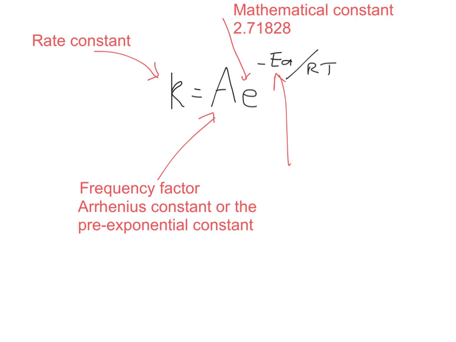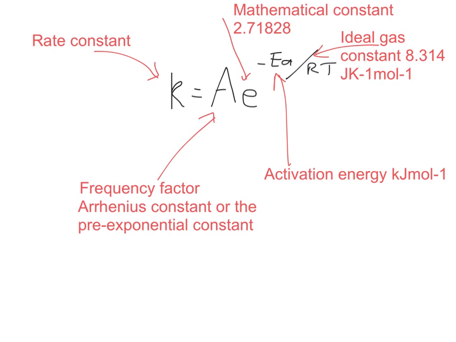Ea is the activation energy measured in kilojoules per mole. R is the ideal gas constant, and T is temperature in kelvins.